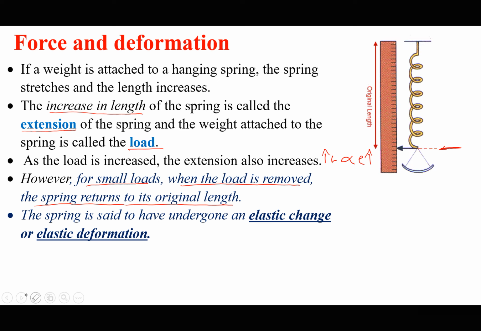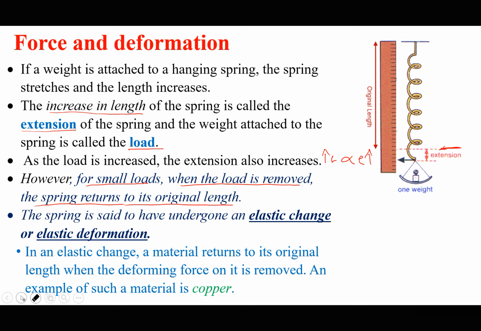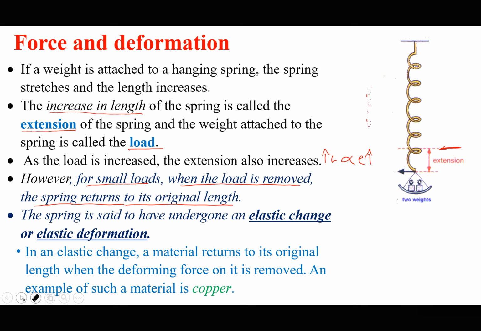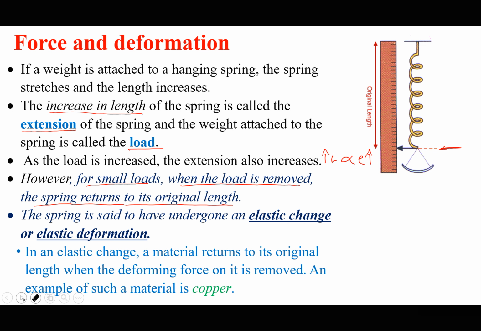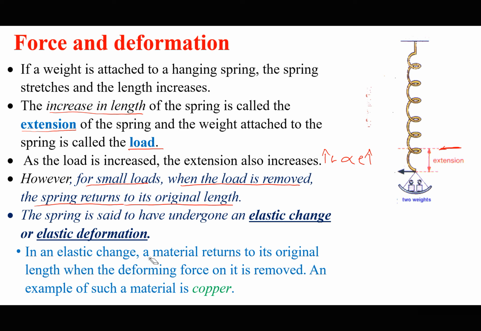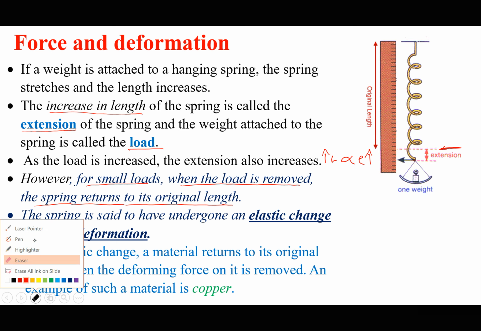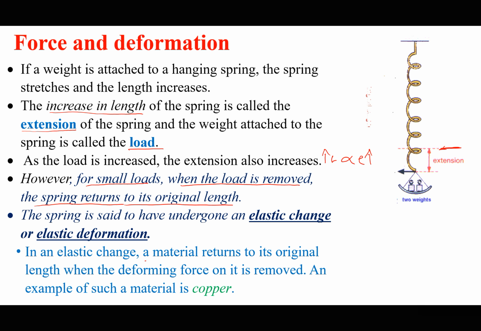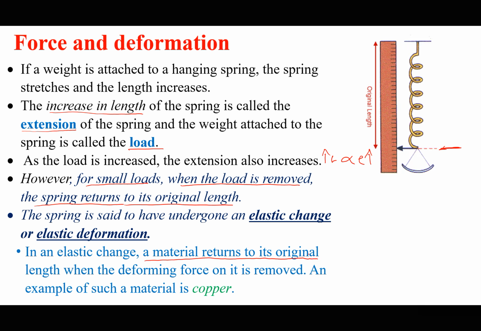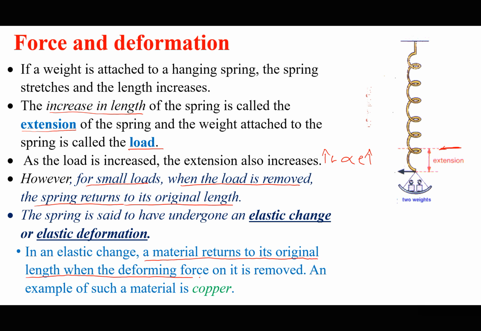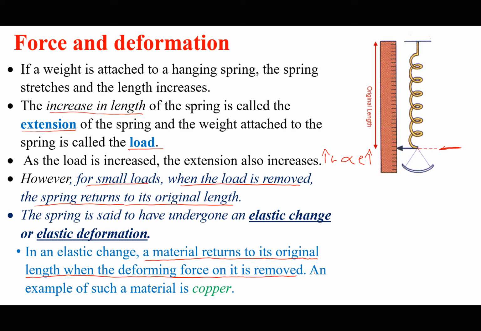So in an elastic change, a material returns to its original length when the deforming force on it is removed. This is very important. In an elastic change, or elastic deformation, a material returns to its original length when the deforming force is removed from it.